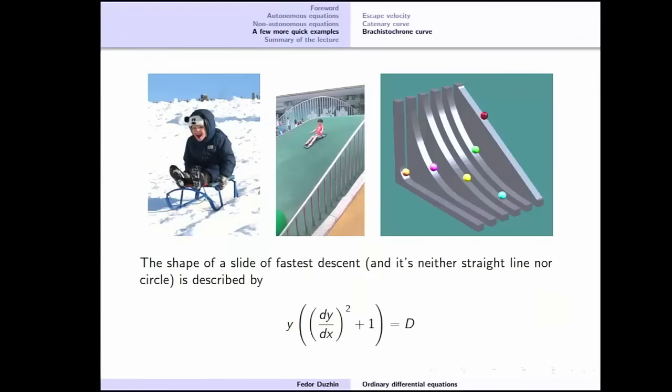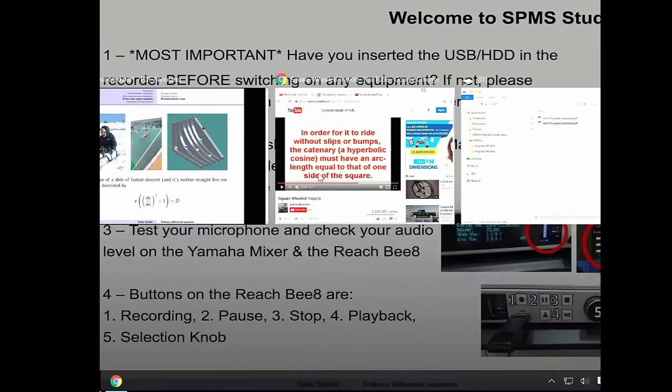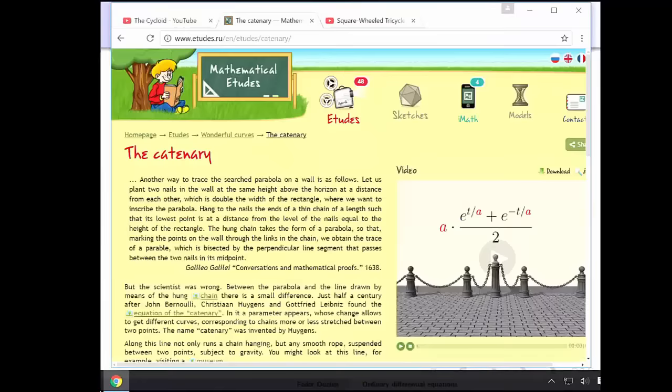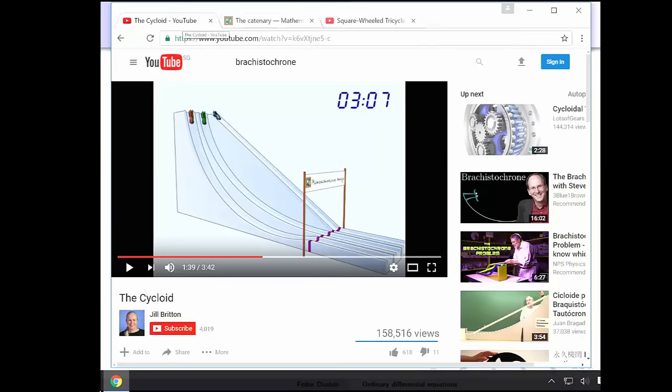So, and another very cute little thing that I want to mention is the brachistochrone curve. So let me explain what we are trying to model here first. So imagine that you want to design a slope so that sliding along that slope will be as fast as possible, right?